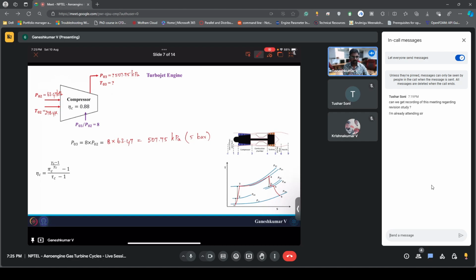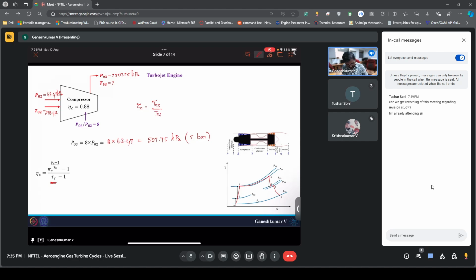I'm just going forward because we're assuming that we already know the equations. If you rearrange this, tau c is nothing but T03 by T02. Maybe I will write it down somewhere over here. So tau c is T03 by T02.